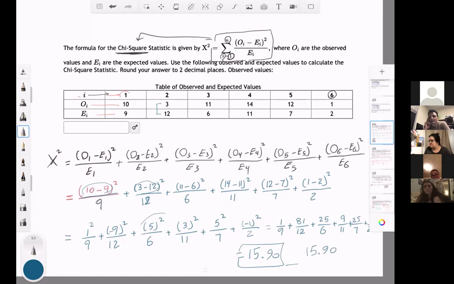What is your calculator? Let me see. My calculator said this, and then when I round it, I got 15.9. Tell me everything, give me all the digits. It says 15.8981. Like this?